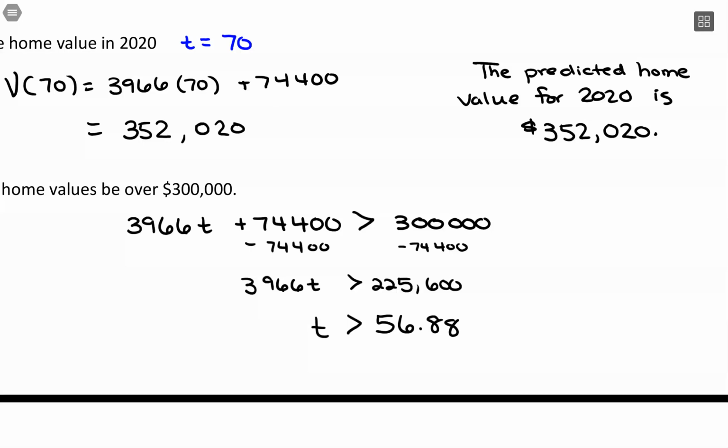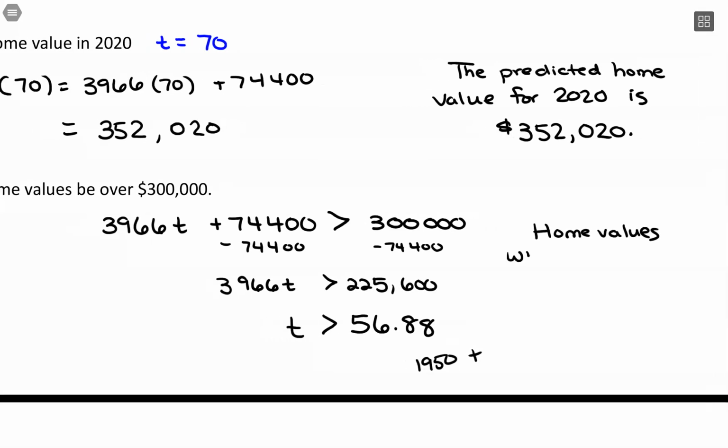So what we could do is round this. So this is giving us an amount of time. So it's like we're taking 2010, or sorry, not 2010, that was our last example, 1950, plus this 56.88. So home values will be over 300,000, and it's kind of happening during, like if we rounded that to 56, so 2006, it's happening in the middle of 2006.